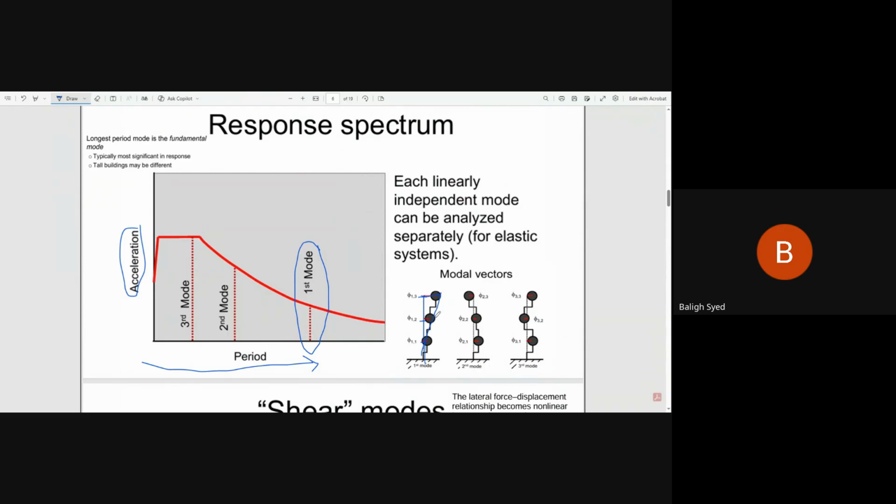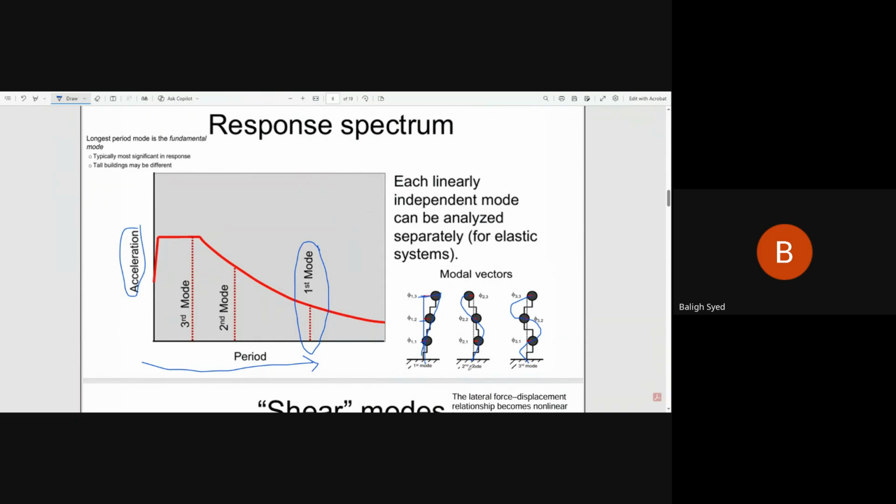But is this the only displacement curve, sorry, the right word is displacement vector, in which the system is going to respond? No, the system can do this way too, something like this, right?